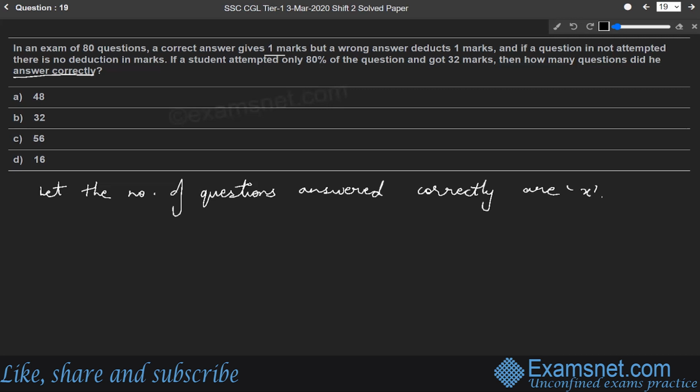So if the answer is correct, the marks will be added, and if the answer is wrong, then 1 mark will be subtracted, like negative marking. Also, if a question is not attempted, then there is no deduction in marks. Now it is given that a student attempted only 80% of the questions and got 32 marks.